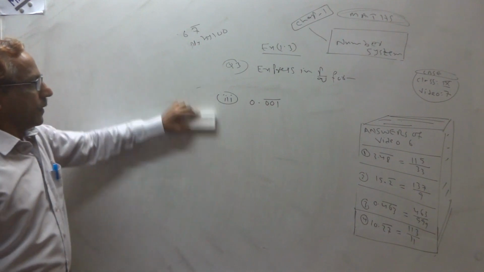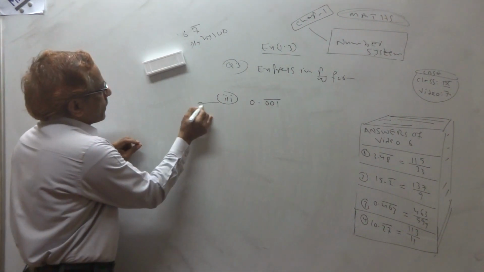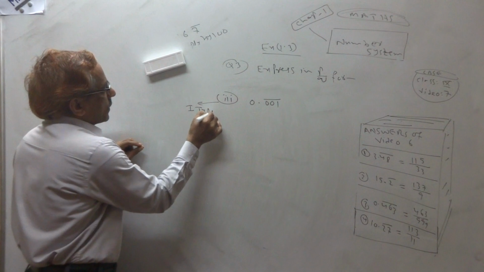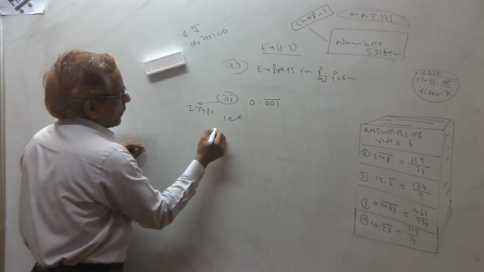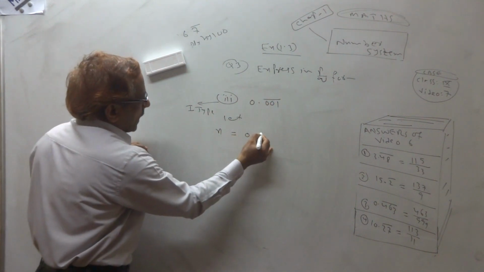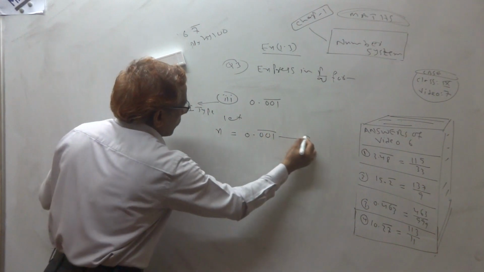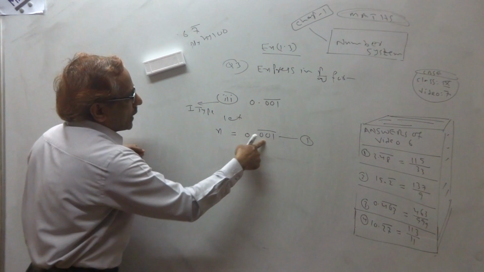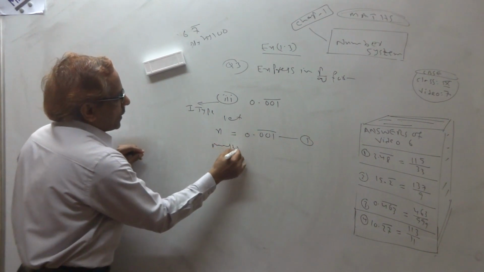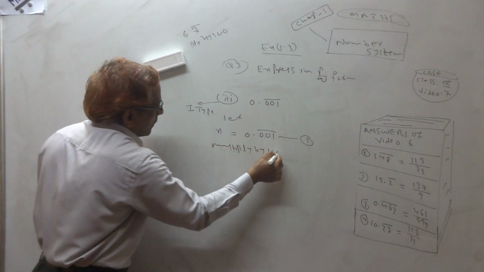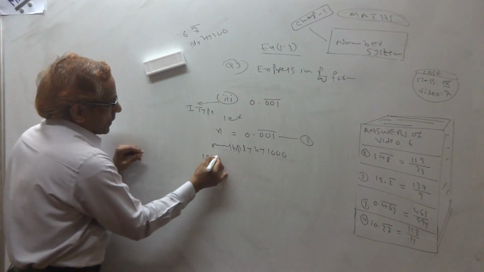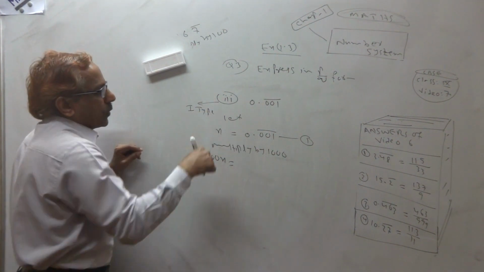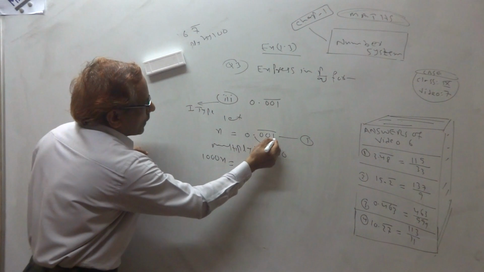So again this is the first type only, because the full bar is there now. We suppose it is x. Number 1. So under the bar how many numbers are there? 3. That's why directly multiply by 1000. So 1000x. When you multiply by 1000, what happens? This decimal will move here.